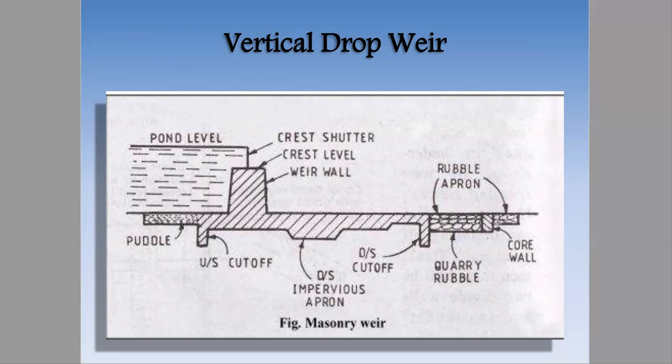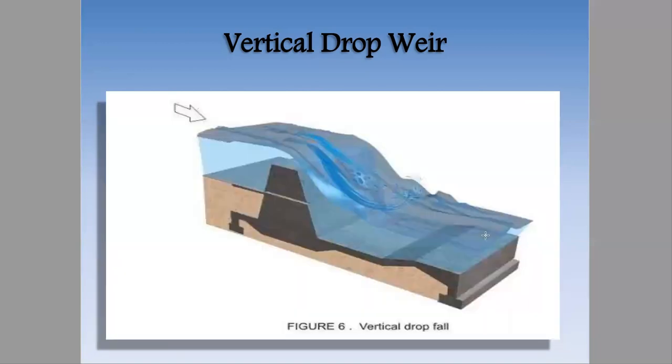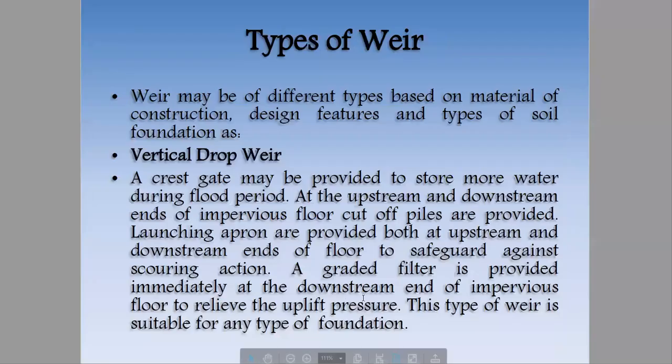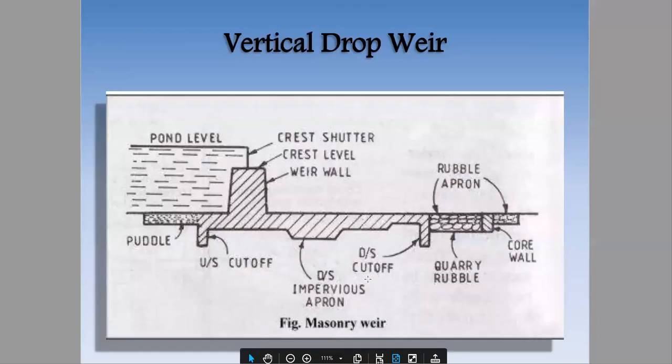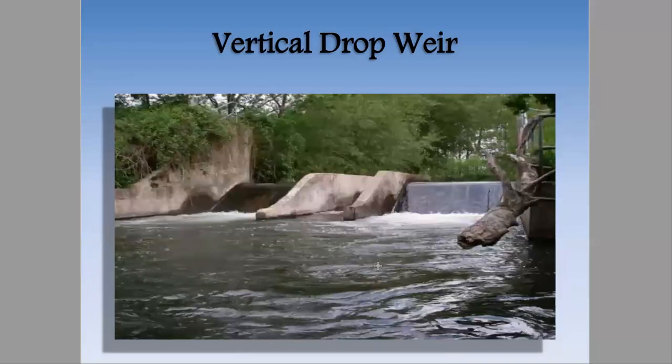Now also you can see the core wall. This is your core wall, and just after this we provide graded filters to neutralize the uplift pressure effect. This is a live example of vertical drop weir.